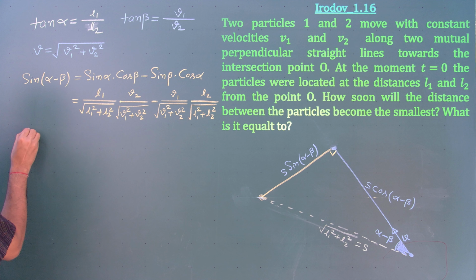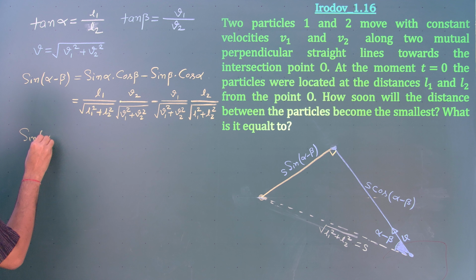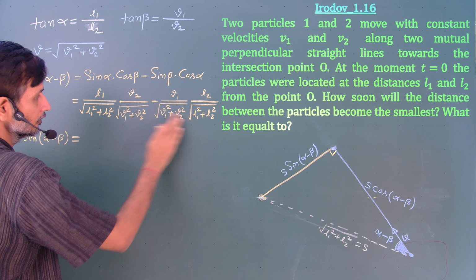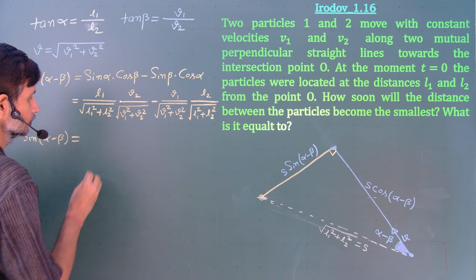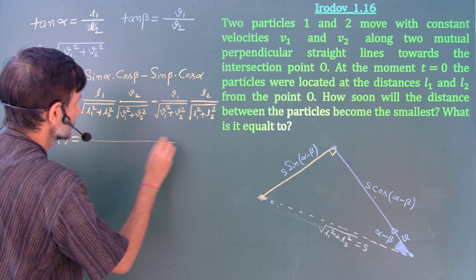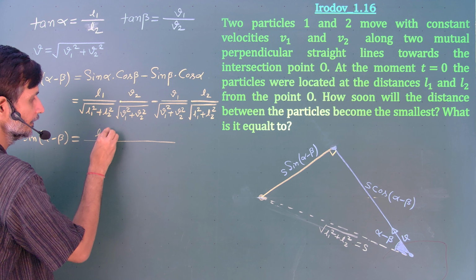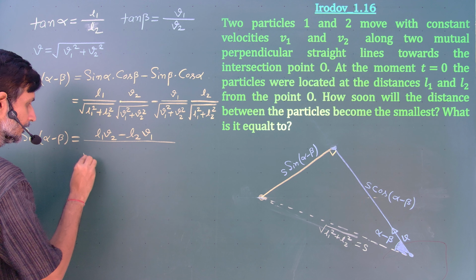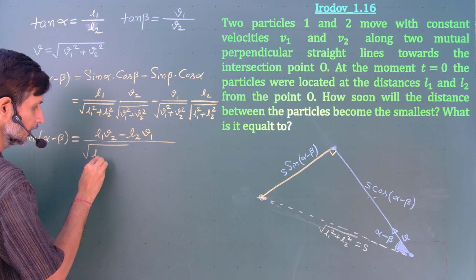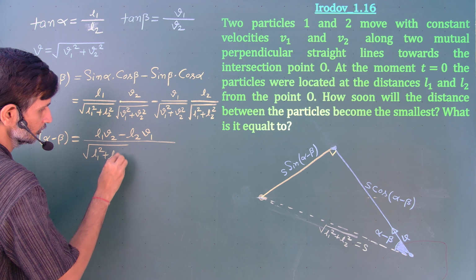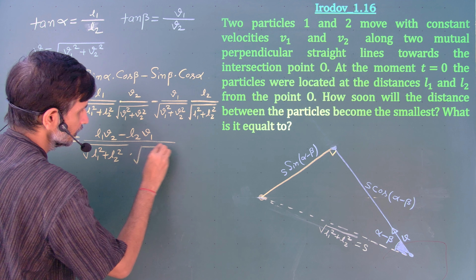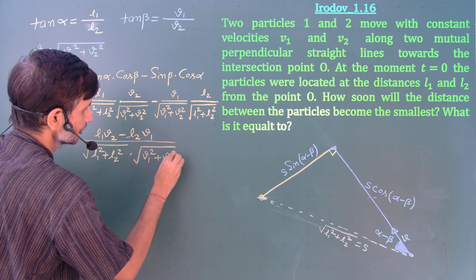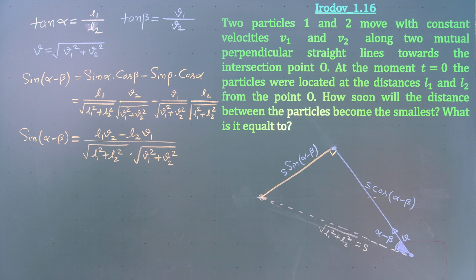So I got that sine alpha minus beta should be equal to, the denominator is same in both the parts, so it is equal to L1 V2 minus L2 V1 divided by under root L1 square plus L2 square into under root V1 square plus V2 square. So this is the value of sine alpha minus beta.